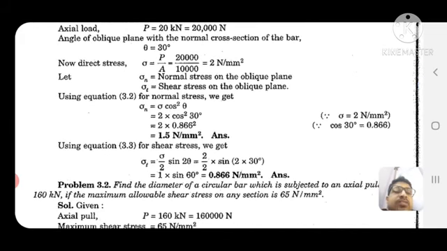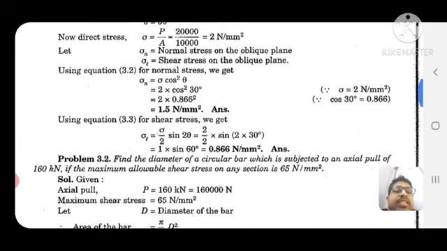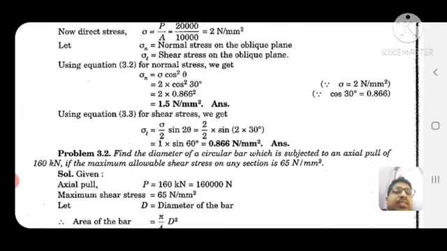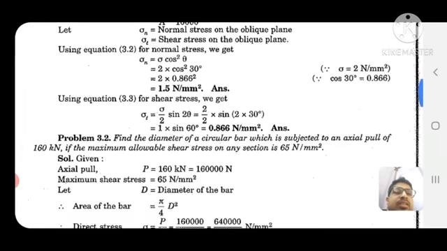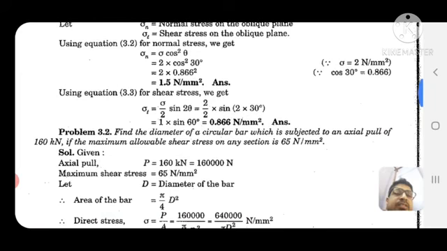Sigma is equal to P by A, 20,000 divided by 10,000, 2 Newton per millimeter square. Sigma n is equal to normal stress on an oblique plane. Sigma t, shear stress on the oblique plane.